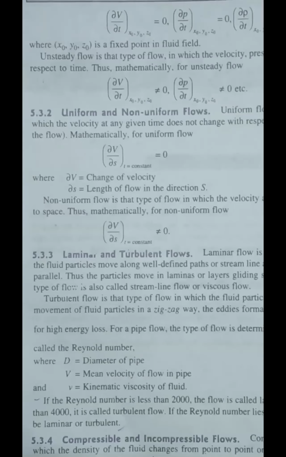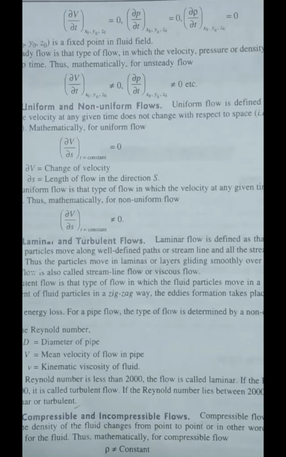The mathematical description has been given in this slide. I asked you, how do you represent velocity? Suppose it is maintained constant with respect to time, that is represented by the partial derivative of V with respect to t equal to 0, at a certain point x0, y0, z0, in three-dimensional space.